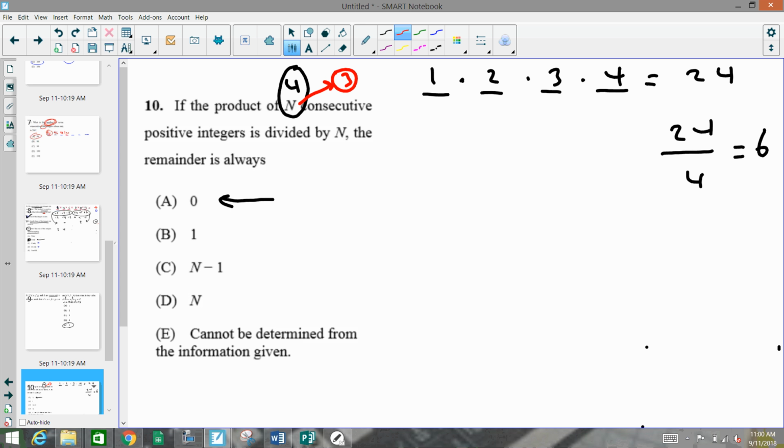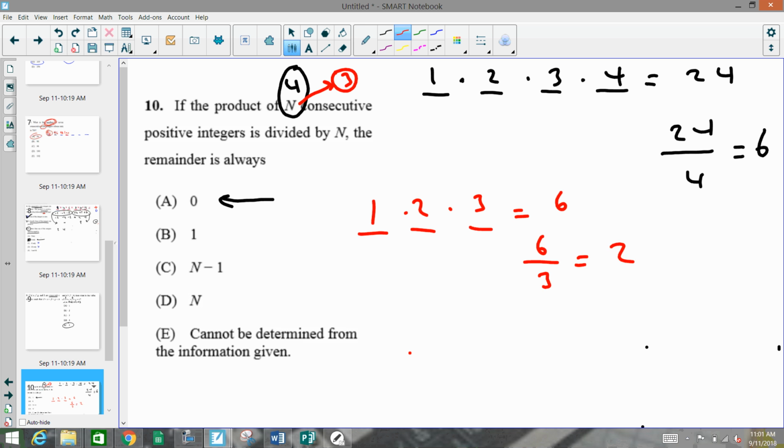So 3 consecutive positive integers, 1, 2, 3. Divide by n. Multiply those, it is equal to 6. 6 divided by 3 is equal to 2.